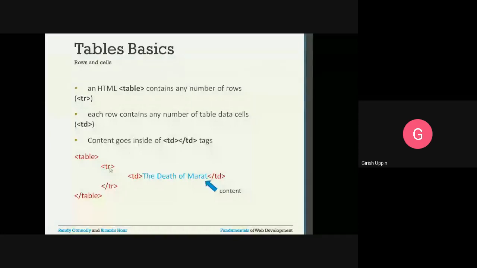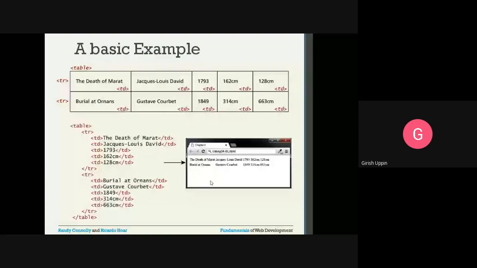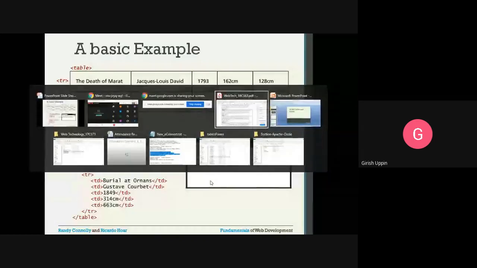Inside the row you will have the data cells, that is td. So we have one table that has one row and one data cell, and the content is this one. So let me show you a code, then we will understand.